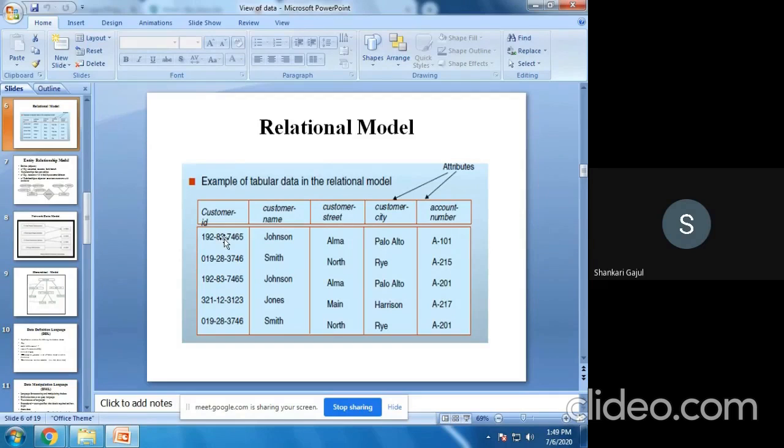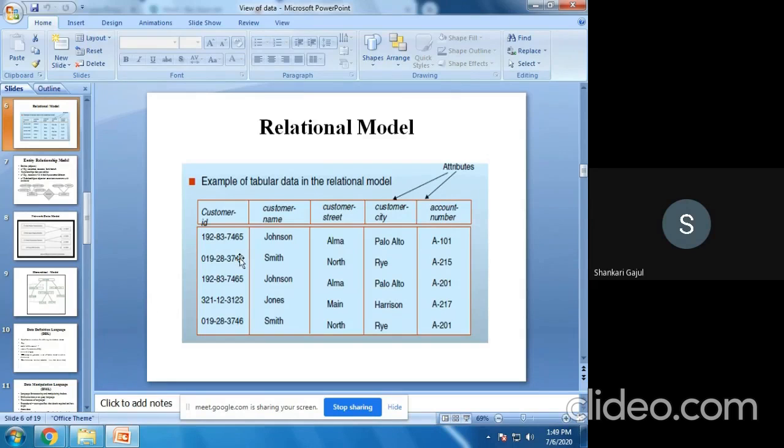In database language, columns are called attributes and rows are called tuples. So the relational model is a collection of tables to represent both data and the relationship among those data.